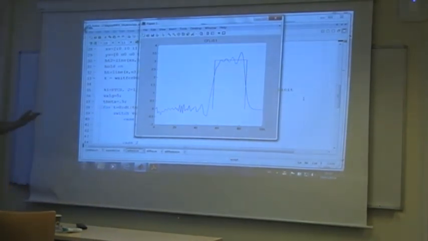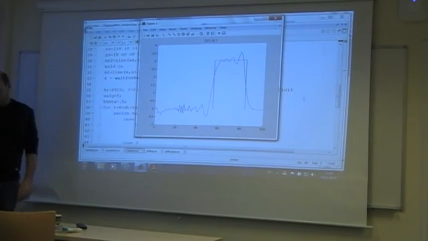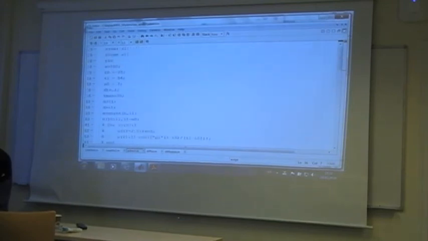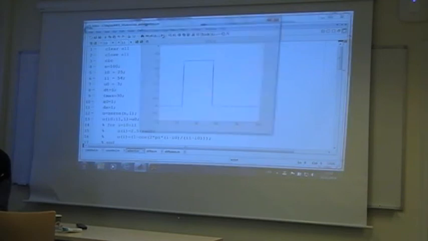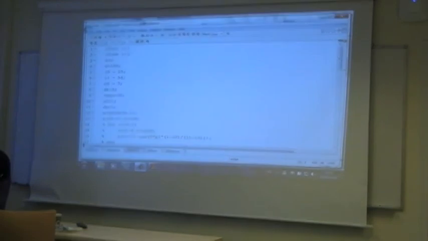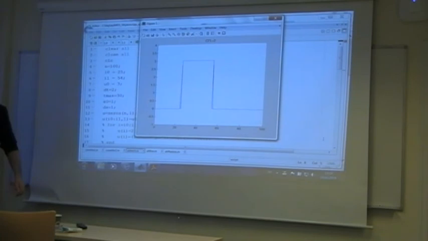Like this one, it's implicit, so I can choose any time step I like. Should be stable. If I now choose, let's see, delta t of 1. Yeah, it's stable. And I can choose a delta t of 2. So now I'm violating the CFL condition, but it is still stable.